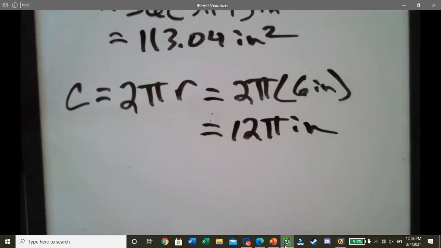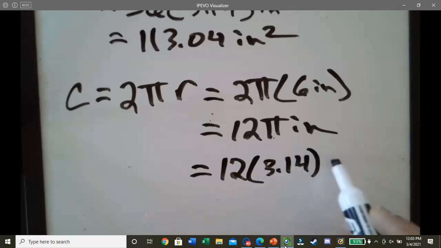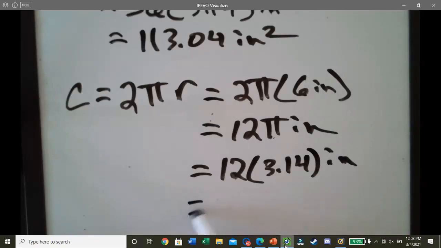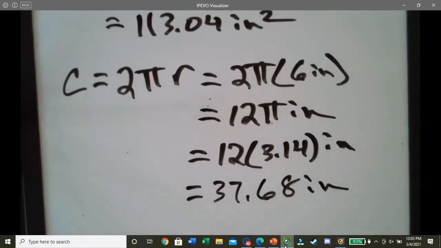But if we want it as a decimal, then that would be 12 times what? Yeah, 3.14 inches. And so 12 times 3.14 is 37.68 inches. So circumference is like the perimeter for a circle.